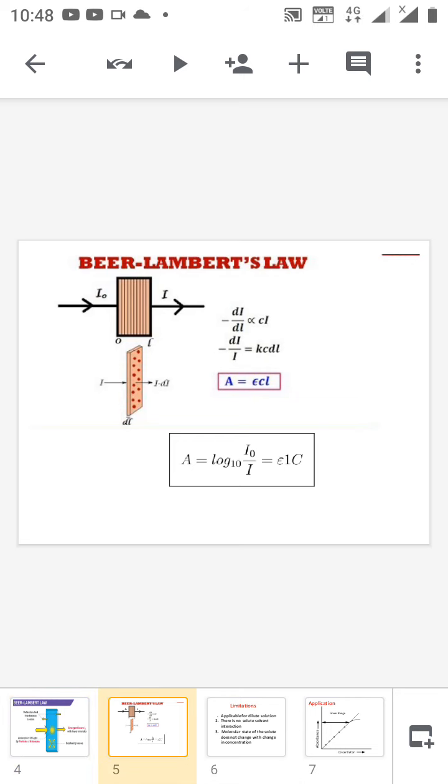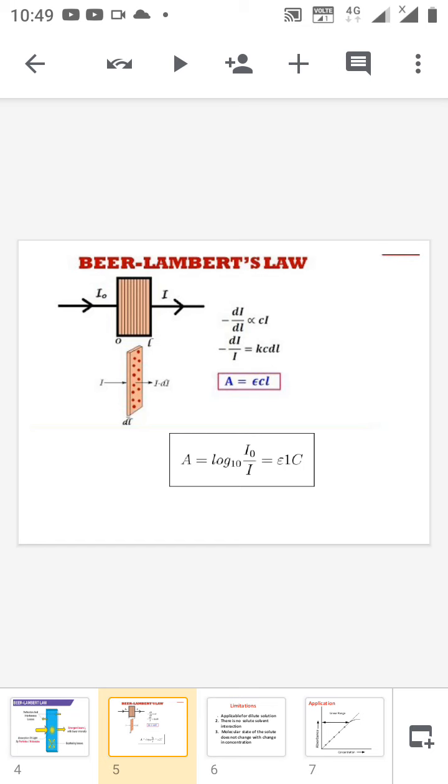It is -dI/dl directly proportional to C times I. Here -dI/dl is the change with length; in our textbook the length is represented as x, but here it is written as dl, because we have to integrate that term from 0 to L, where L is the length of the container.